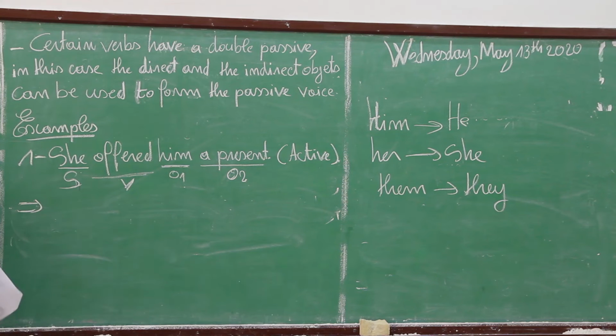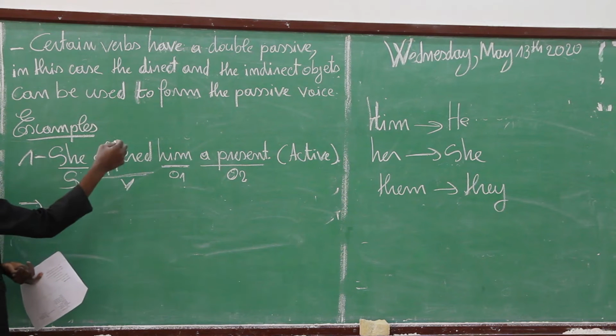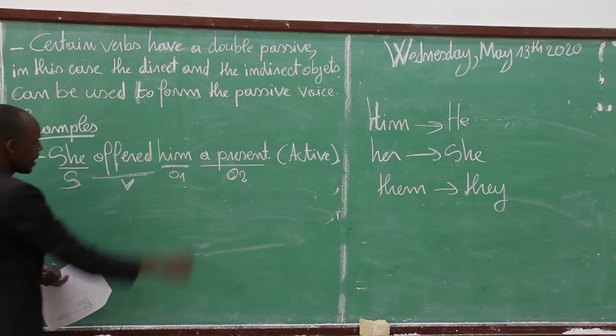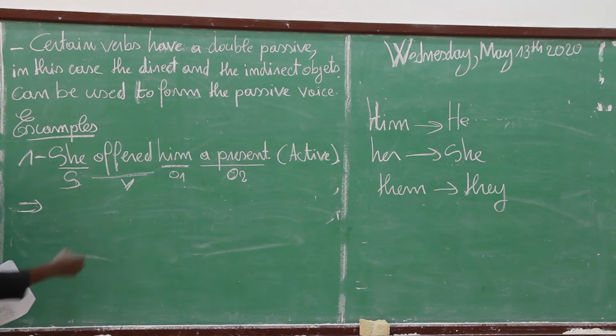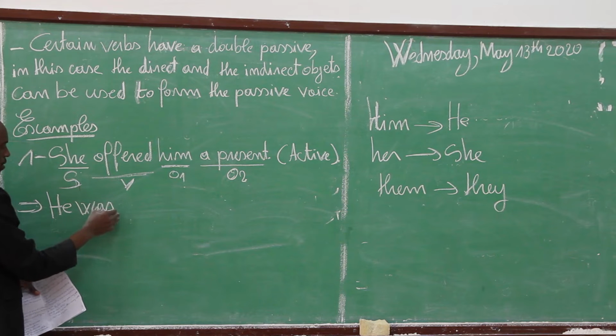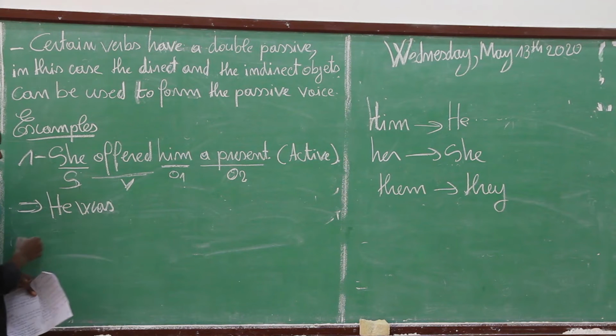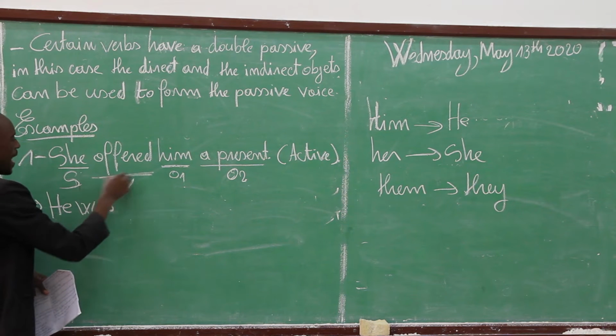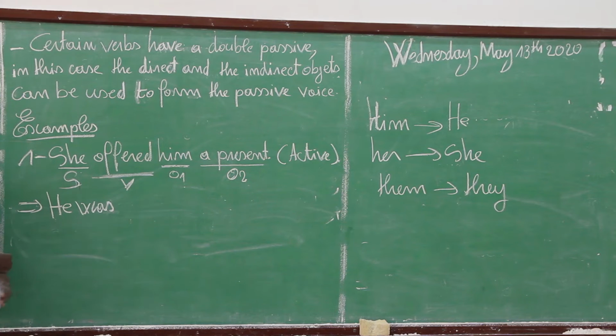And here we have subject, verb, him as an object. We have he, followed by the auxiliary to be. He was. To be here is conjugated in the simple past, in the preterite. Why? Because the verb of the active voice is in the preterite, in the simple past.